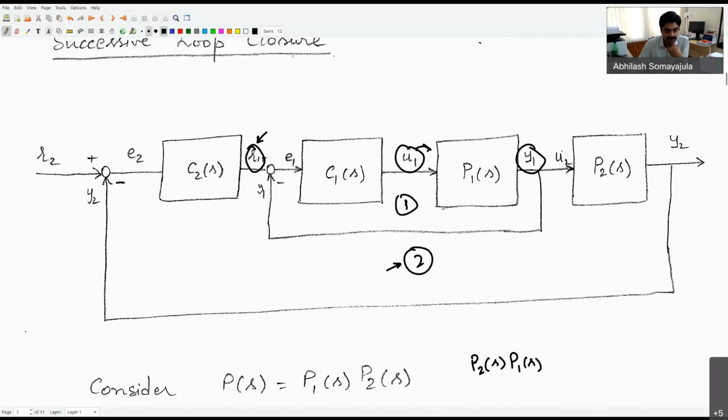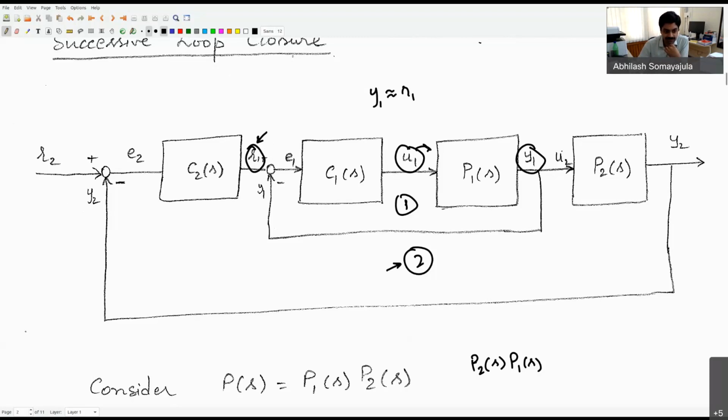All right. Now the idea is, once this inside control loop has been set up properly, we will assume that Y1 is almost equal to R1. So it is as if this entire loop has disappeared and I have a straight line connecting this control point, the C2 output, directly to P2's input.